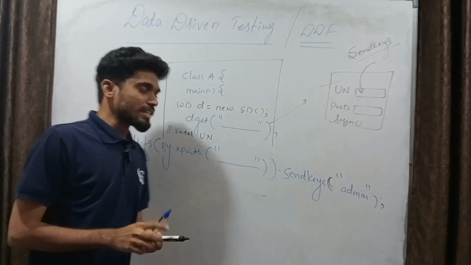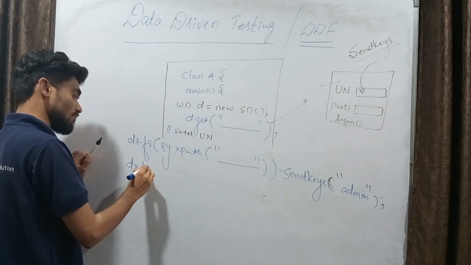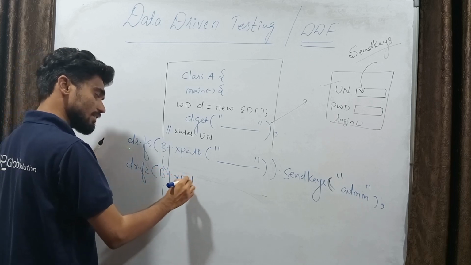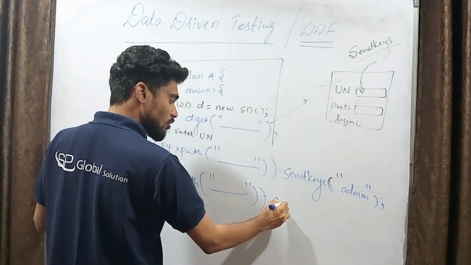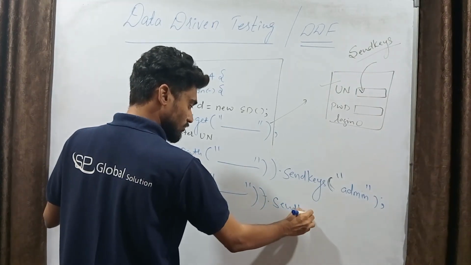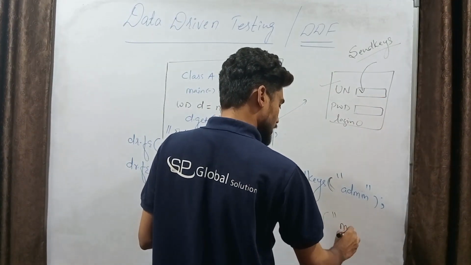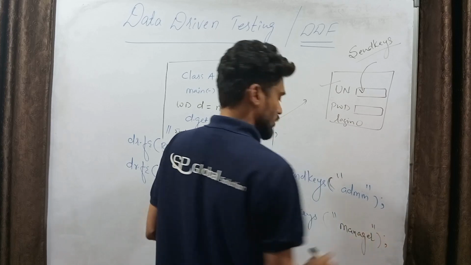Good. Now the same for the password field. I write the same expression, driver.findElement(By.xpath(xpath expression)).sendKeys, and directly I will write the password, for example manager. Done.